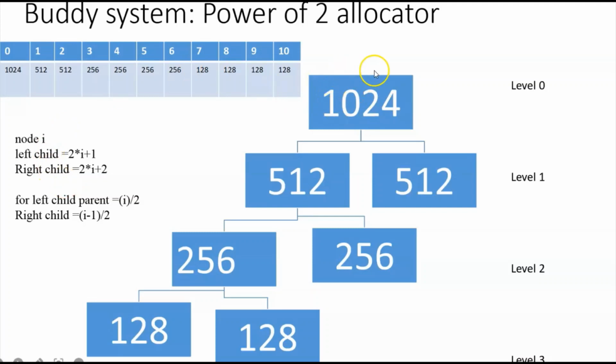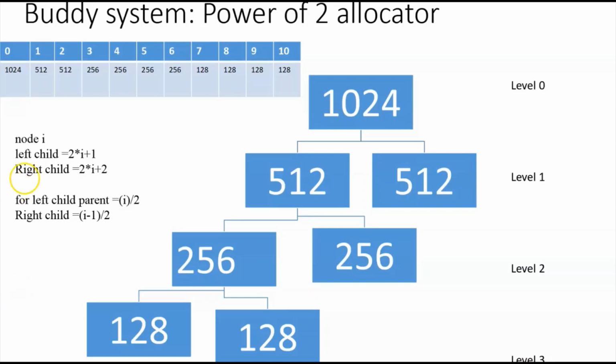So for example, for any given node i, its left child will be at position 2i plus 1 and its right child will be at position 2i plus 2. You can calculate this, right? And in reverse, for a left child, its parent will be at location i by 2 and for a right child, its parent will be at location (i minus 1) by 2. You can verify these things.